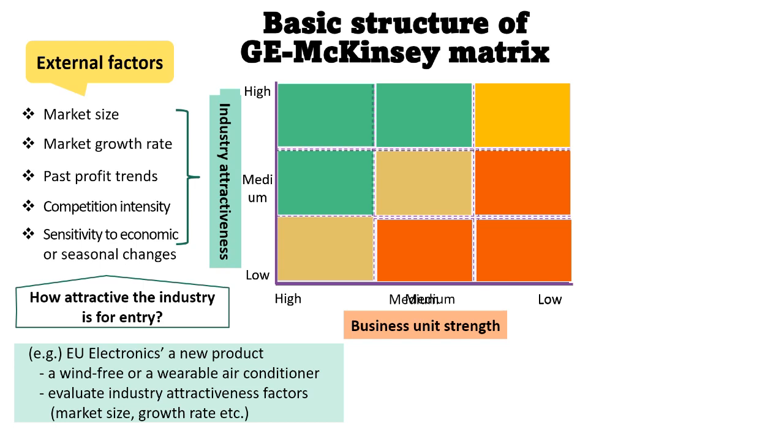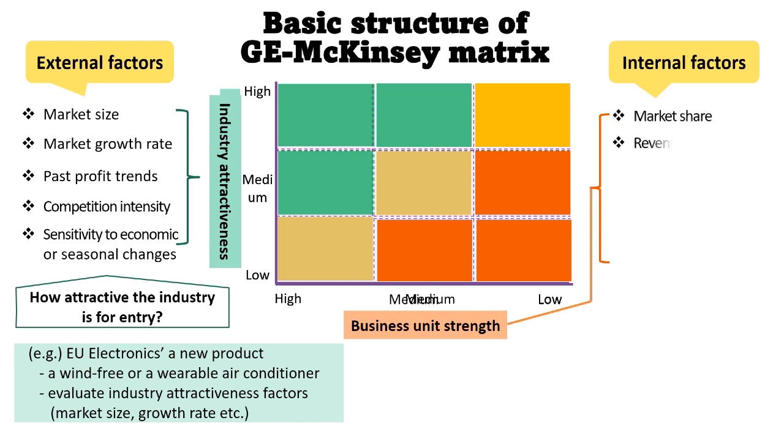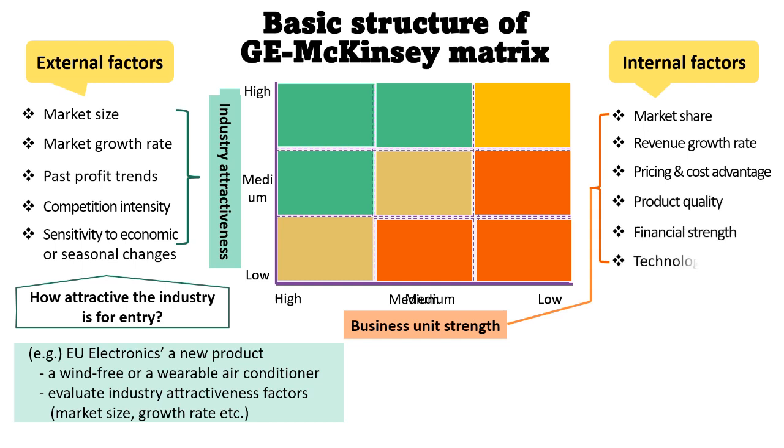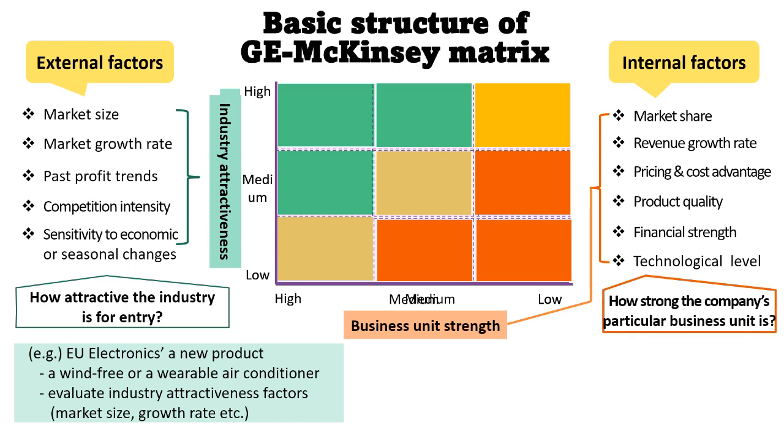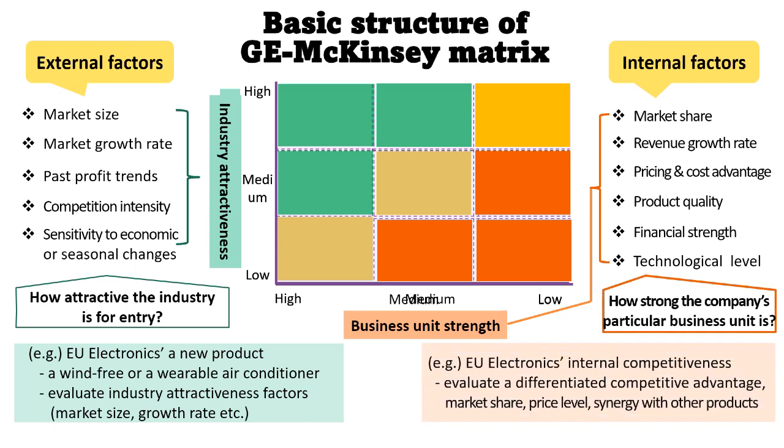On the other hand, business unit strength on the horizontal axis evaluates internal factors of a company, such as market share, revenue growth rate, pricing and cost advantage, product quality, financial strength, and technological level, to assess how strong the company's particular business unit is. For example, we analyze whether EU Electronics possesses internal competitiveness.